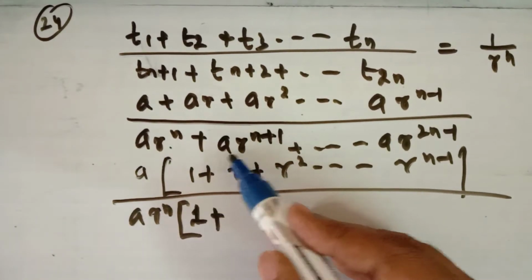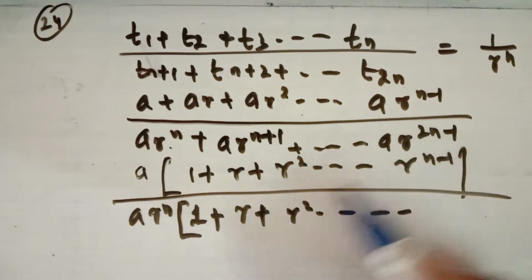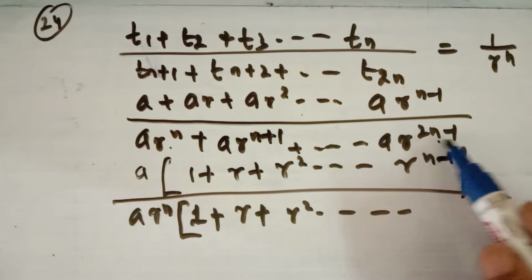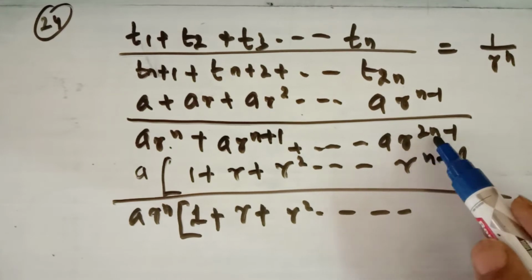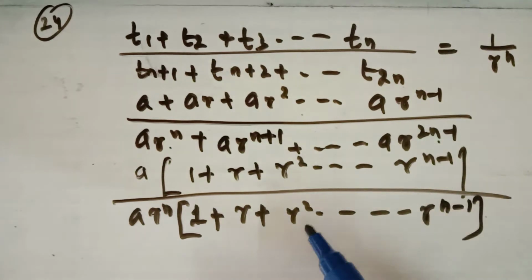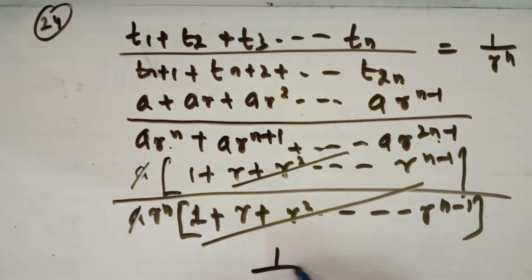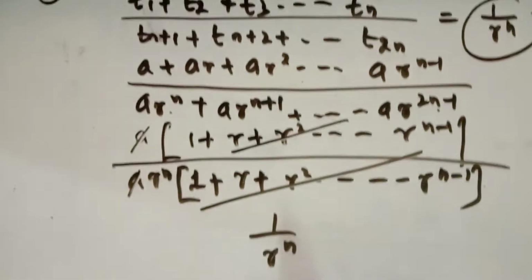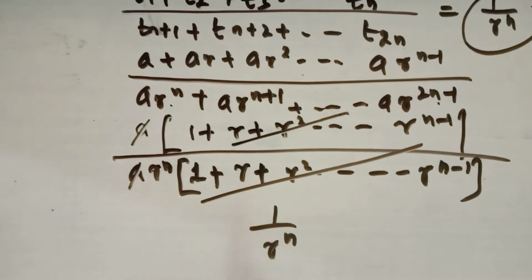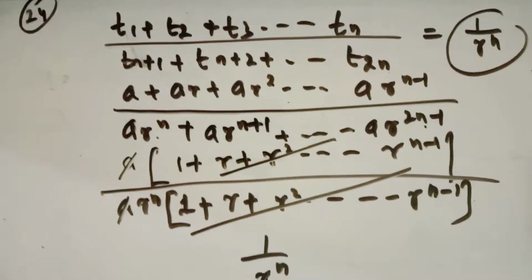Taking AR raised to power n common, the next term will be R, then R square, and when you have taken R raised to power n common, from R raised to power 2n minus 1 it will be R raised to power n minus 1. So this whole will be cancelled out, and it is 1 upon R raised to power n, which we had to prove. So this is a somewhat easy question. That's it in question number 24.